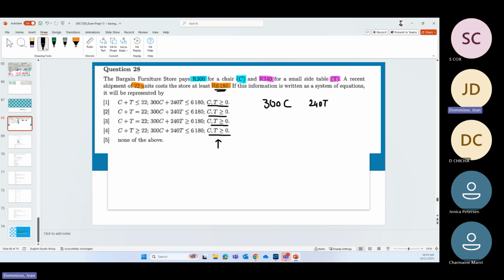Okay, so now we need to remember what at least means again. At least is the minimum that it will cost. So it can't cost less, but it can cost more than 6,180. So we basically have a formula of 300C plus 240T bigger or equal to 6,180.